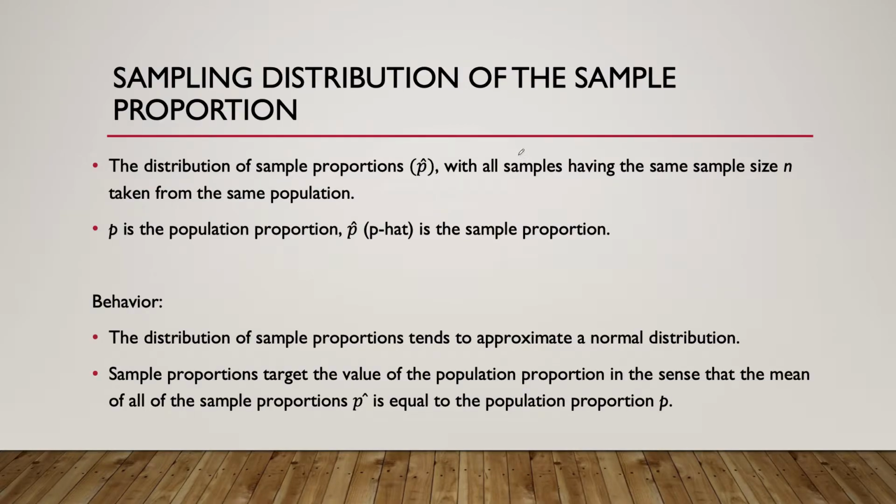The sampling distribution of the sample proportion is the distribution of the sample proportions p hat with all samples having the same sample size n, taken from the same population. p is the population proportion and p hat is the sample proportion. The behavior of the distribution of sample proportions tends to approximate a normal distribution.